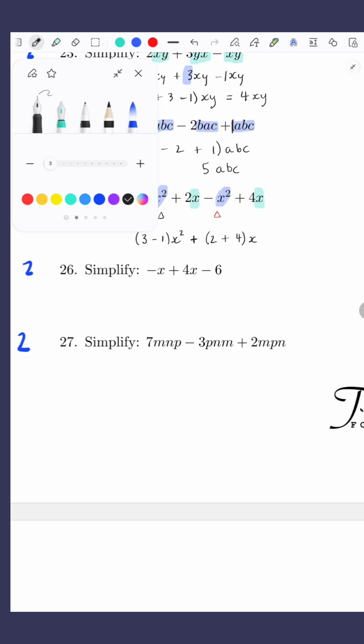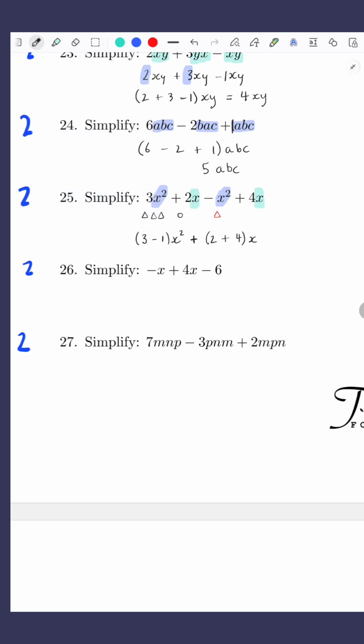And then for the x's, we'll do circles. There was more of them, so I thought I'd go with circles. They're easier to draw. 1, 2, 3, 4. So essentially, you can add them up this way. And the sum 3 minus 1 is represented here, and 2 plus 4 is represented here. All right, let's finish this. 3 take away 1 is 2x squared, and 2 plus 4 is 6x.